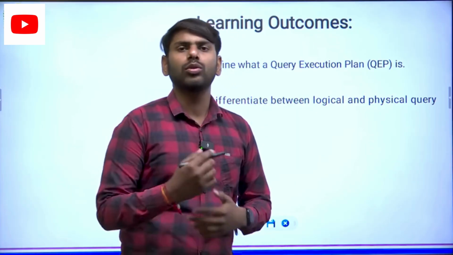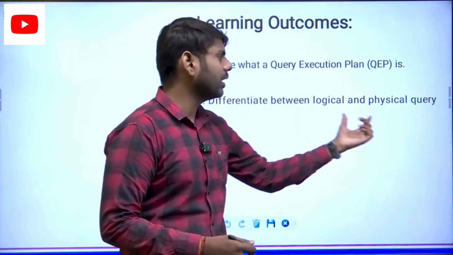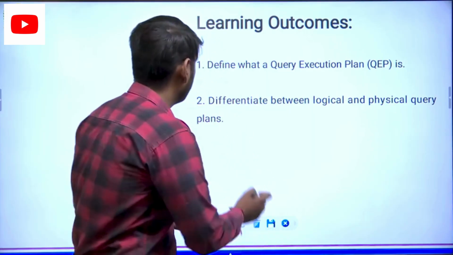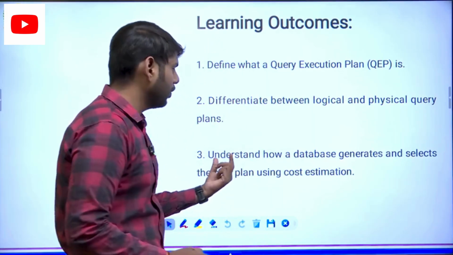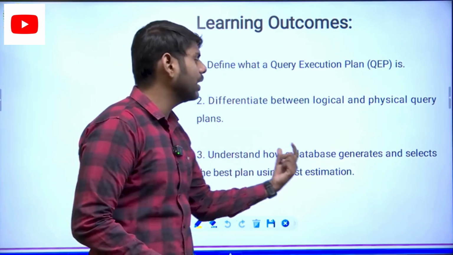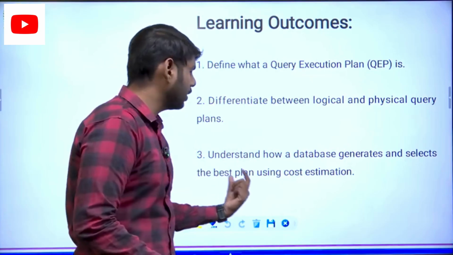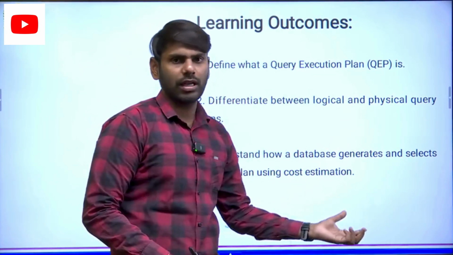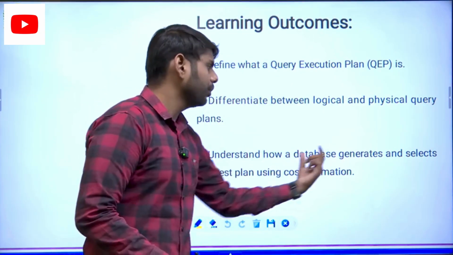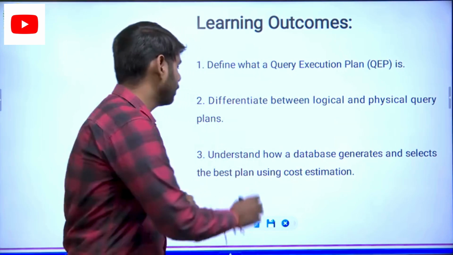We will also try to understand what they are. Next, you will be able to understand how a database generates and selects the best plan using cost estimation. So we will understand how we are selecting those plans.